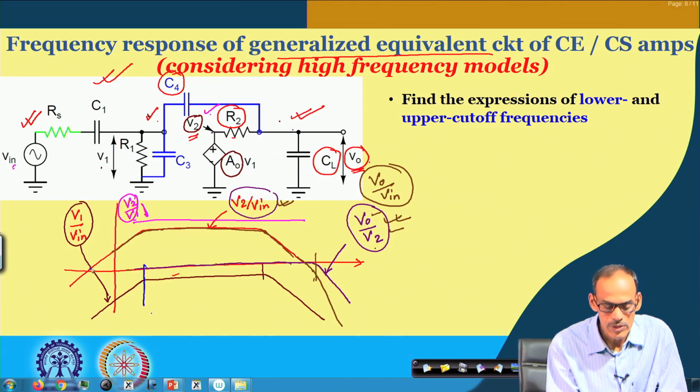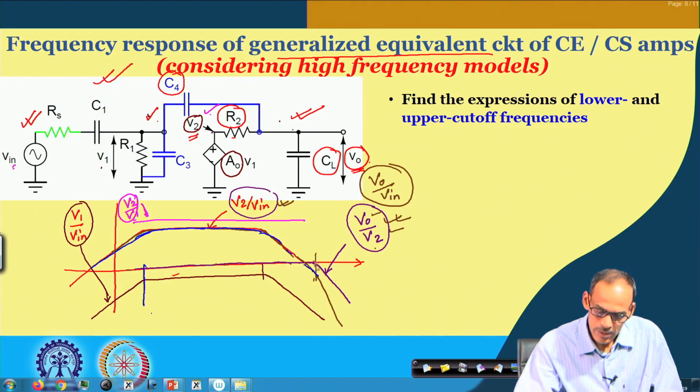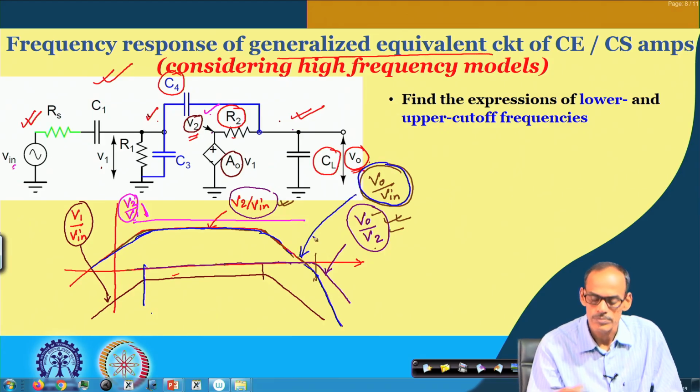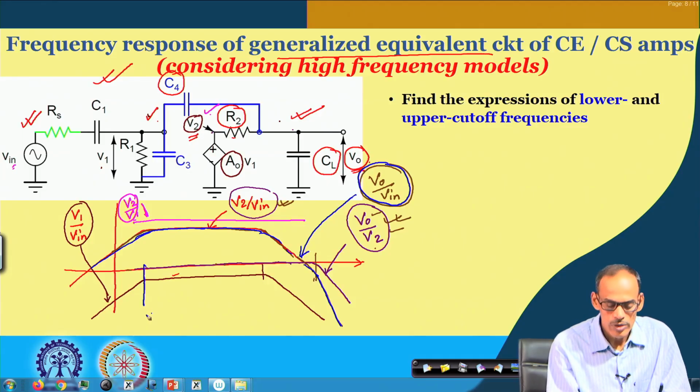The net frequency response we now obtain is like this, so this is the overall frequency response, blue color. And the location of this pole P 1 comes from this initial network.